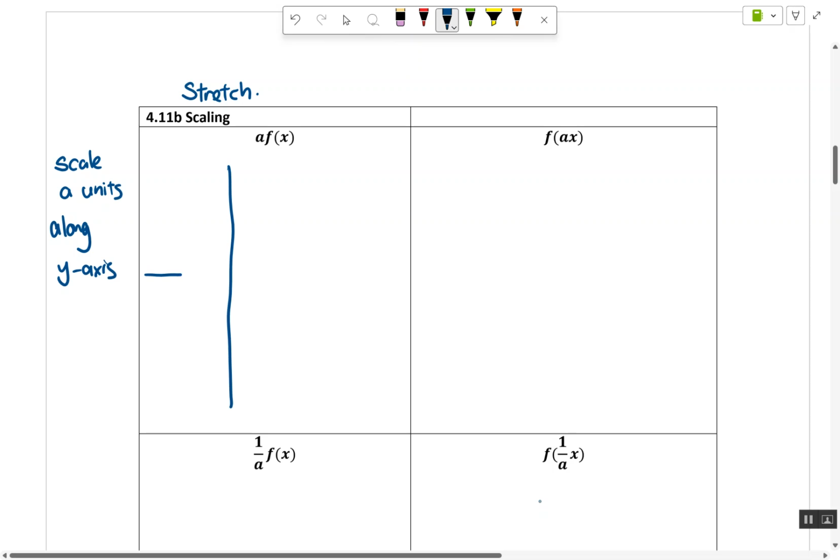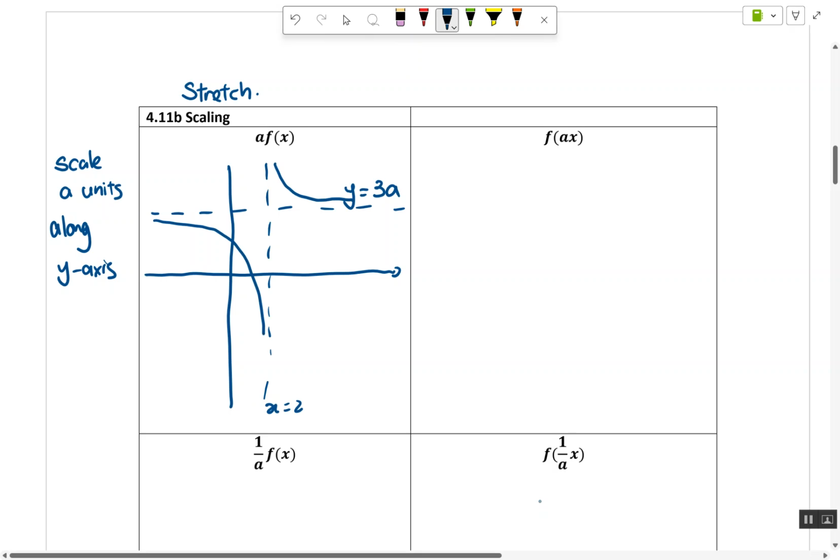Again, everything that is with regards to y we change. So the horizontal asymptote becomes y equals, that was 3, right? 3a, but the x asymptote is still going to be the same, x equals 2. The graph is here. The y-intercept is going to become half times a. The x-intercept is still the same at 1/3.